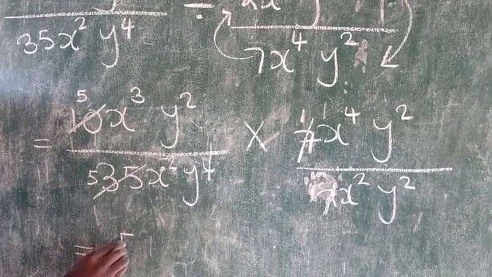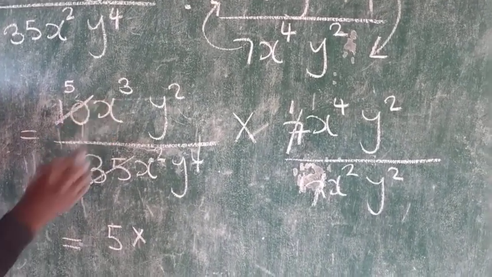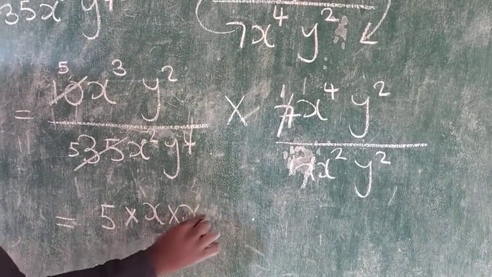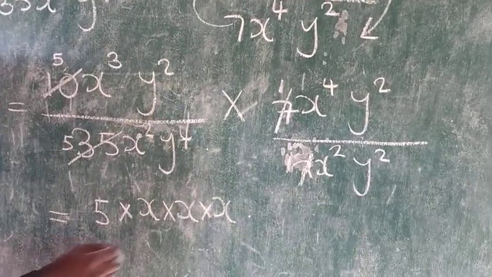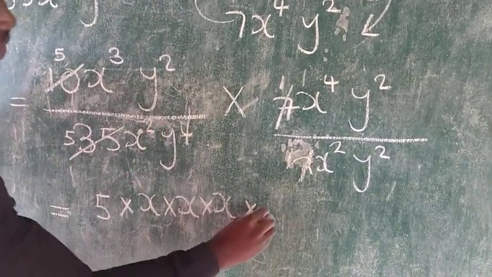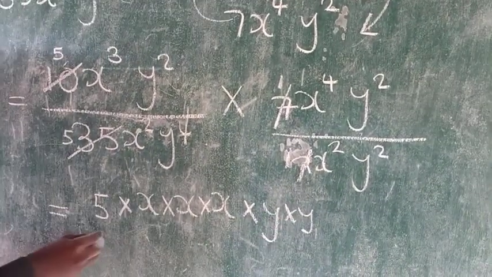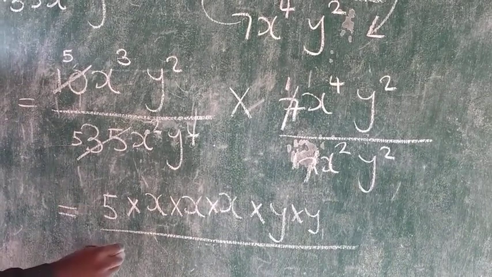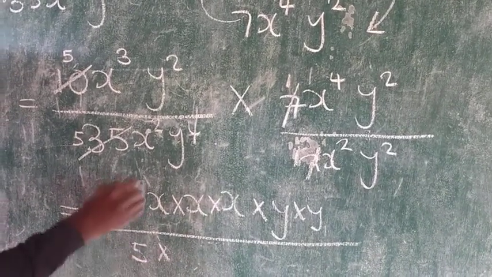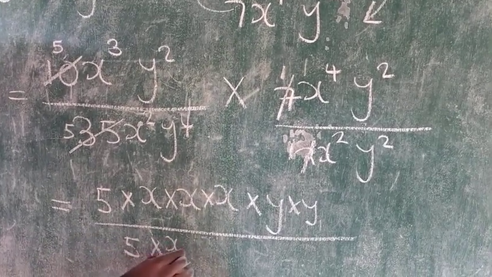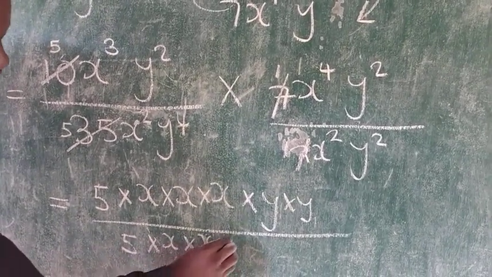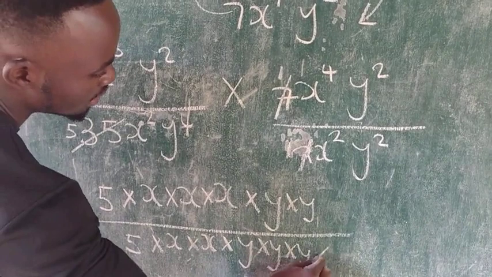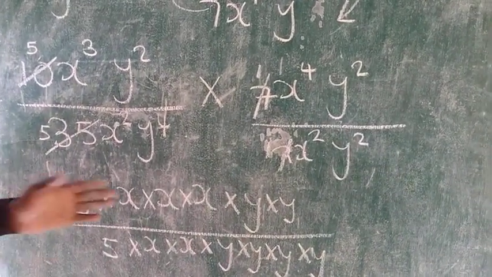So I'll write 5 times x to the power of 3, which means the variable x was multiplied by itself 3 times, so it's x times x times x, then times y squared, which is y times y, over 5 times x squared, which is x times x, then times y to the power of 4, which is y times y times y times y.